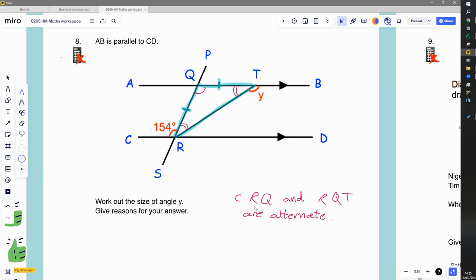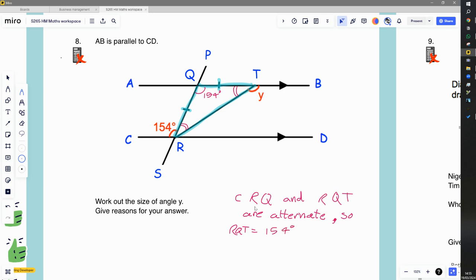And so we can say 154 degrees. I just put equals, or we can maybe say RQT equals 154 degrees.